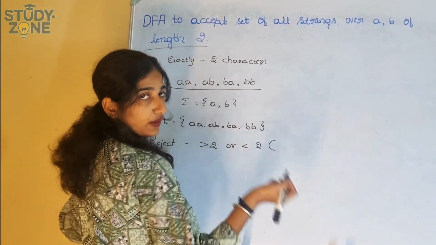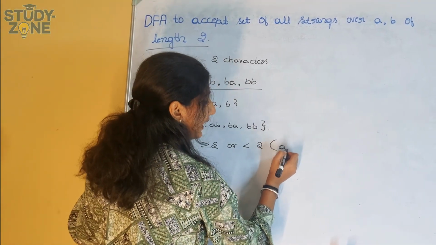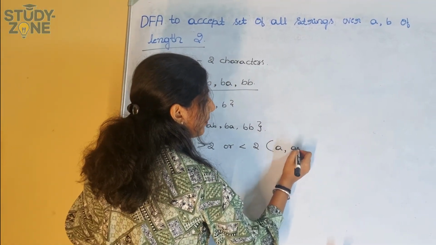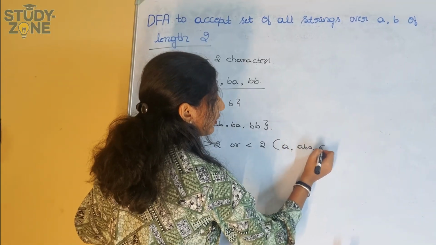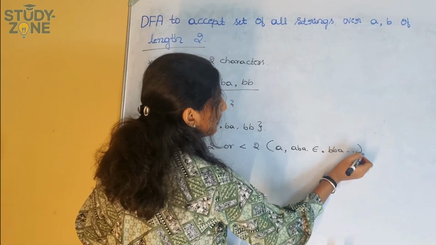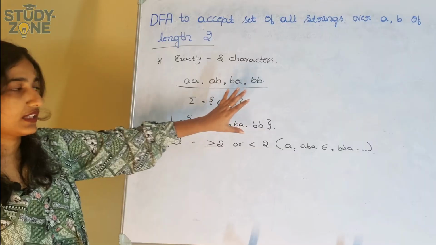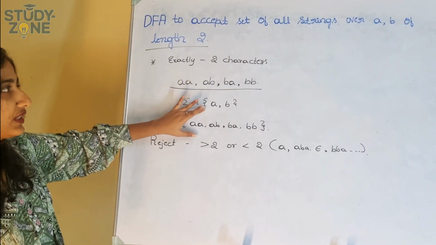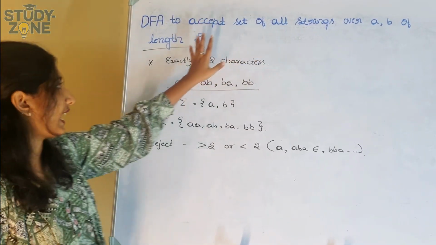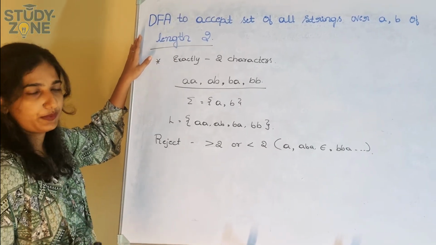If the combination of symbols is like a, or aba, or the null string, or bba, anything like this should be rejected. Only these 4 forms should be accepted, because the question asks for exactly 2 symbols.